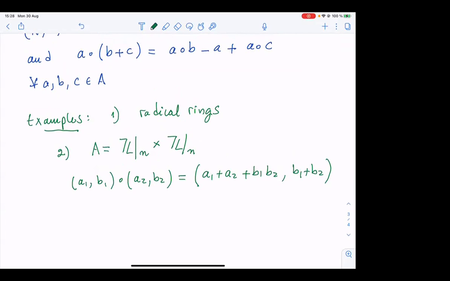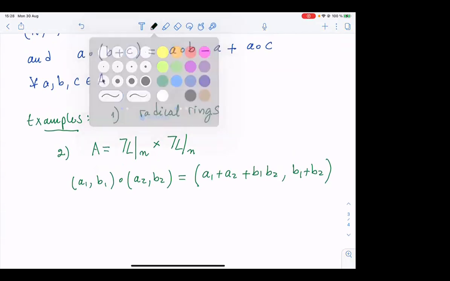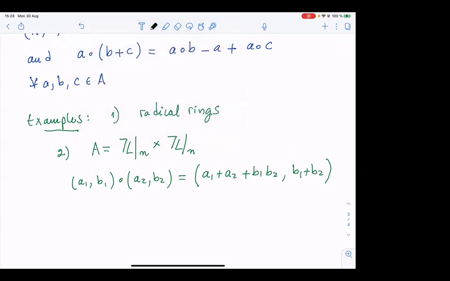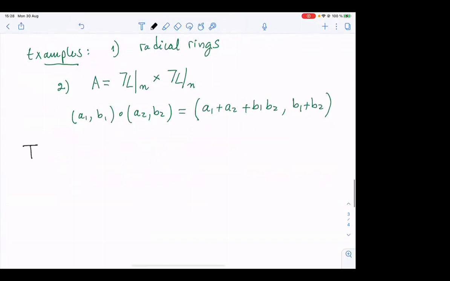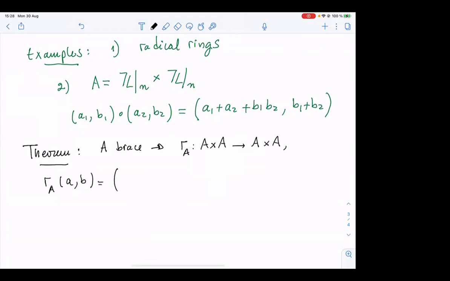And what can I do with this? Well, I can somehow reproduce the theorem of Rump, right? So theorem: suppose that you have now a brace, then you are going to define a map like this. And you use the same formula.